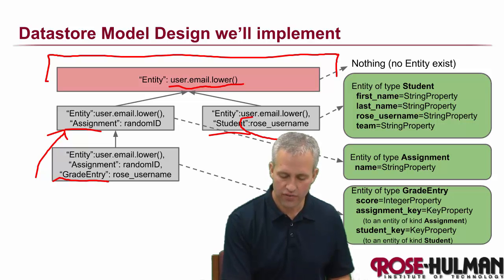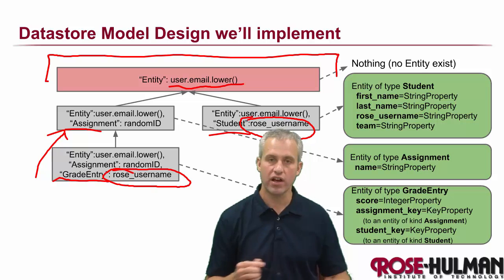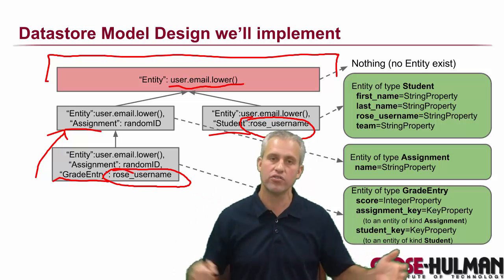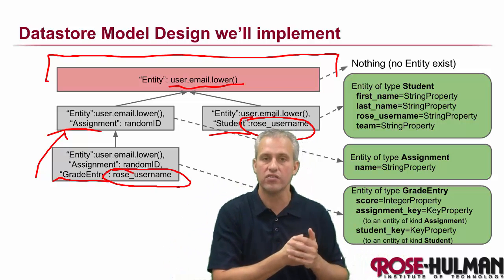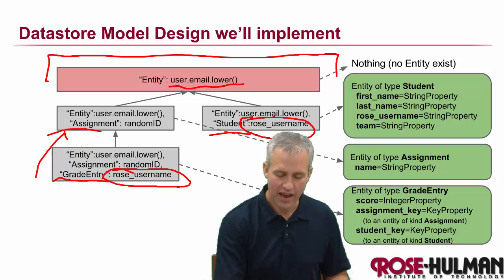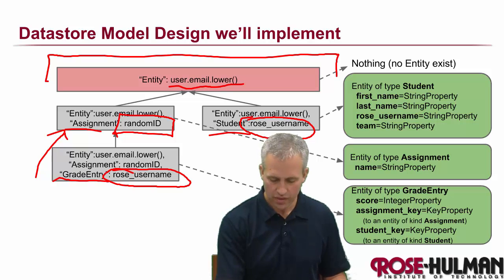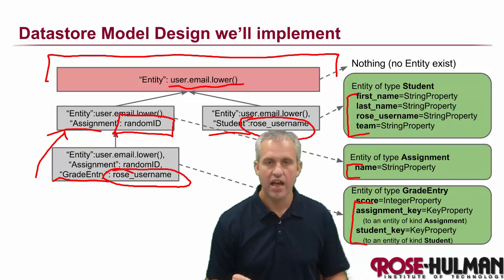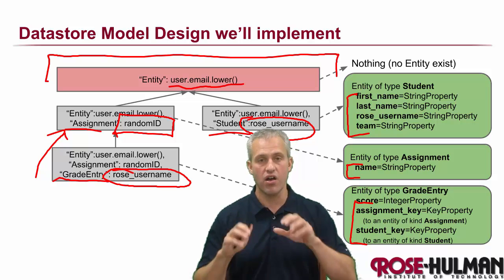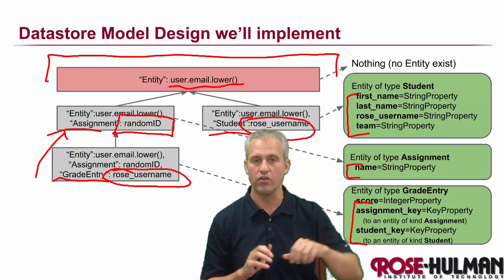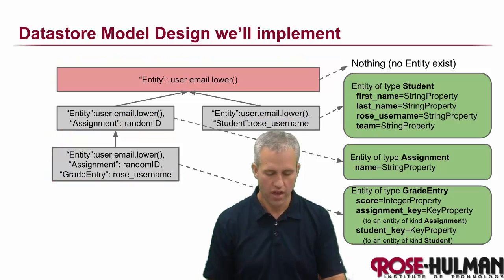Then we did this clever thing where we had a name key on these two, and that was to make sure it clobbered old students or old grades within an assignment. The only one that was random, which is kind of funny, is the assignment itself. And then we picked the various properties that were on each entity, and you can see how the design of this data store model is just so important.